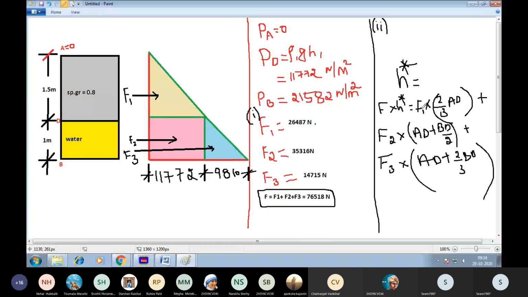Equate the value of F1 and other things and tell me the value of H star.